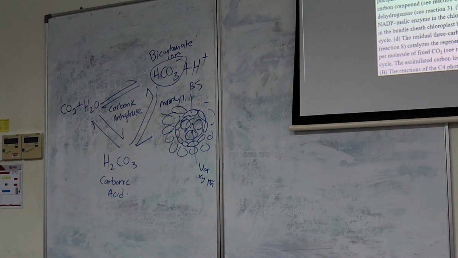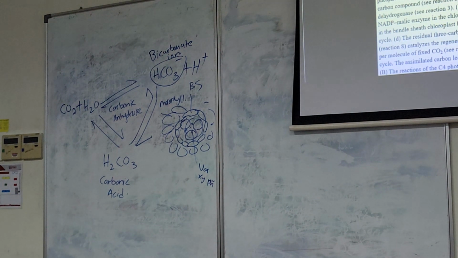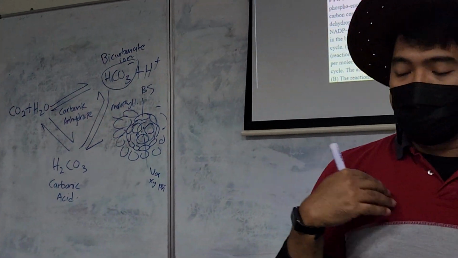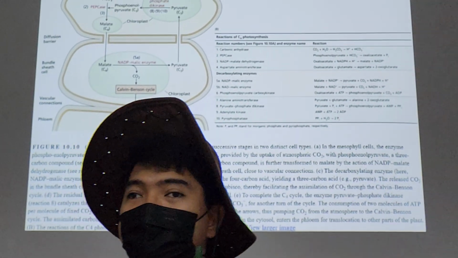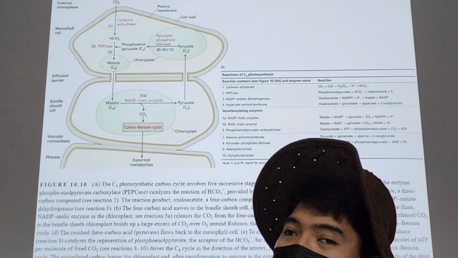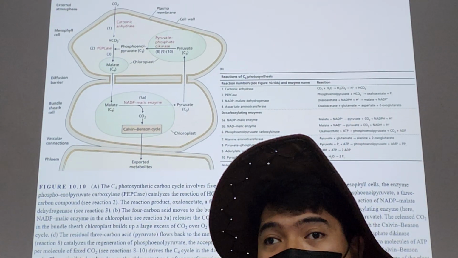Okay, so what happened in the bundle sheath cell? So when the original C4 compound, malate or aspartate, has entered the bundle sheath cell, it needs to undergo decarboxylation event. So this 4 carbon compound, the CO2 in its body needs to be taken out. Why? Very easy, so that the CO2 can proceed with the regular Calvin cycle.